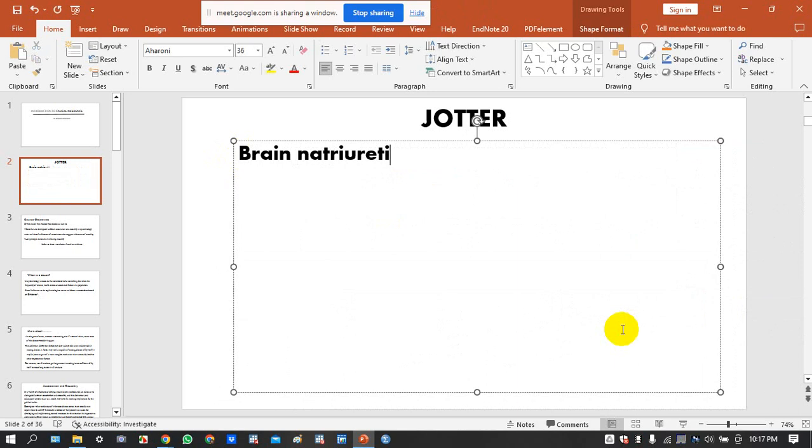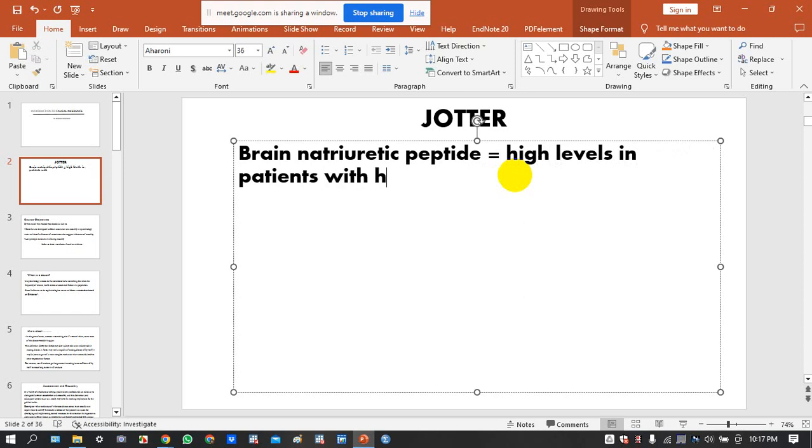This protein is found in high levels in patients with hypertension.